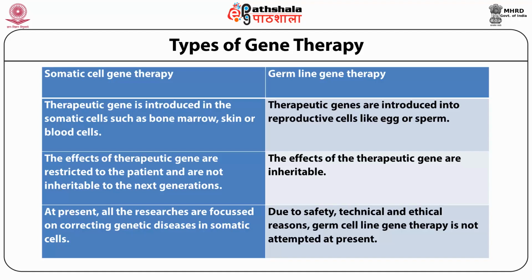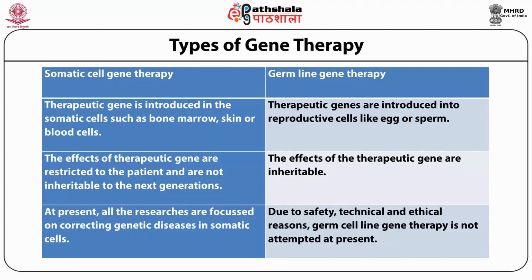As is indicated by the name itself, in somatic cell gene therapy, the therapeutic gene is introduced in the somatic cells like bone marrow, skin or blood cells, and the effect of these genes is restricted to the patient and is not inheritable to the next generation. At present, all the research in the area of gene therapy is focused on correcting genetic diseases in somatic cells.